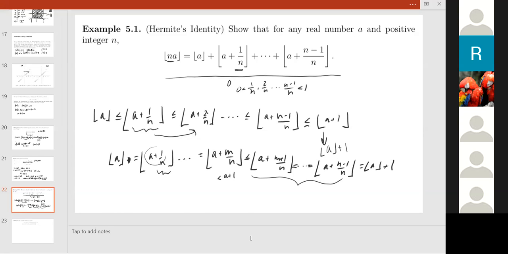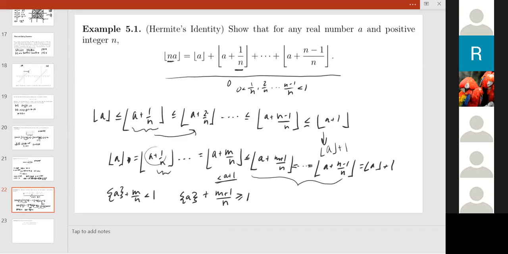So from our definition of m, we have that a plus m over n is less than 1, because this is less than a plus 1, and we also have that a plus m plus 1 over n is greater than 1, because this is where it spills over.